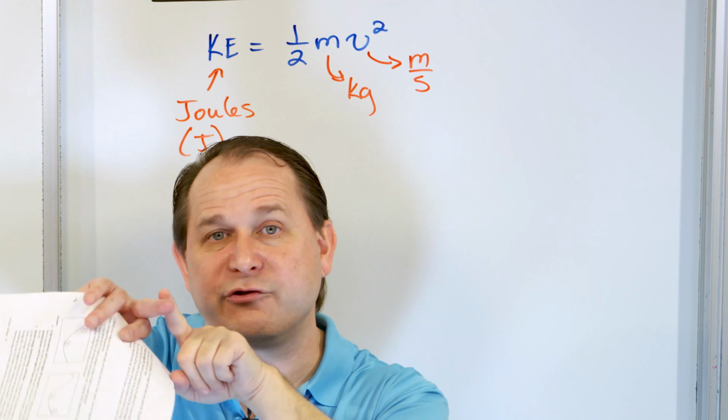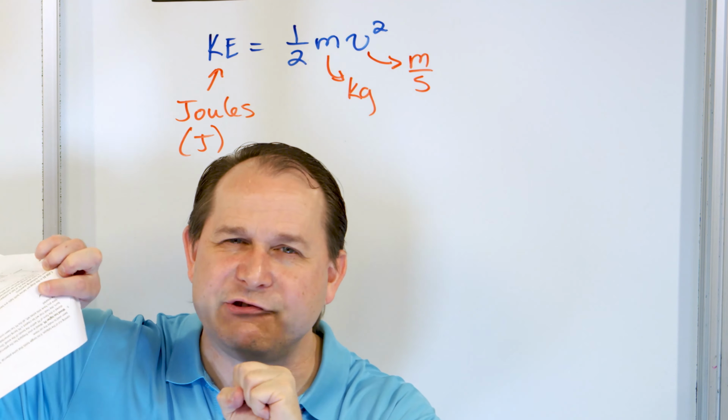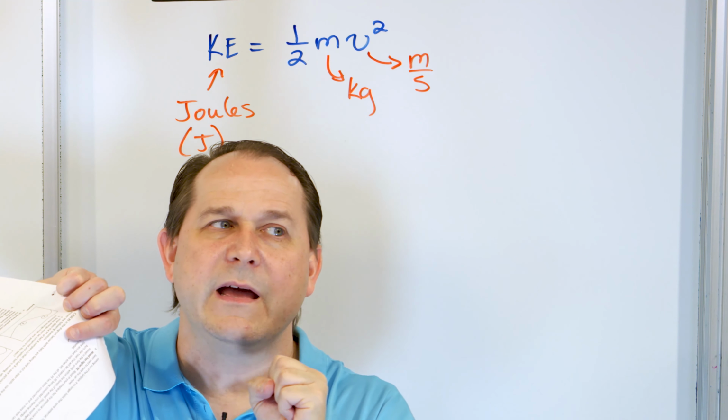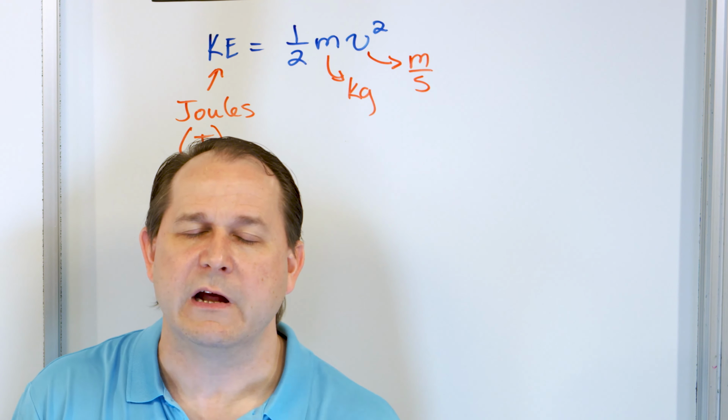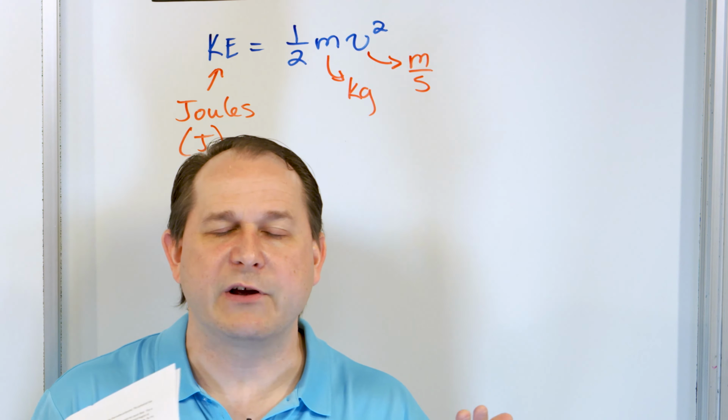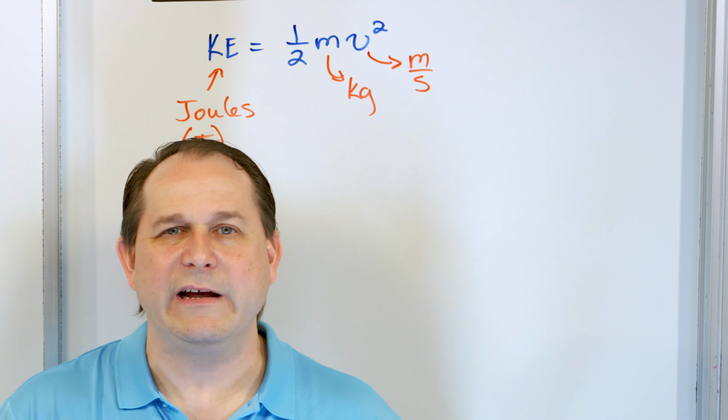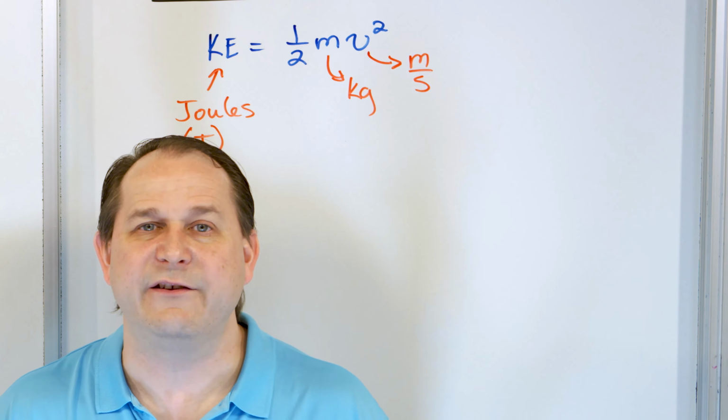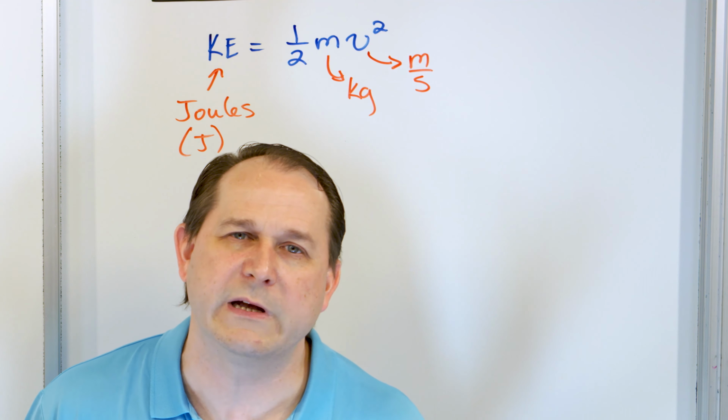Because all of the potential energy that was in that tension and the pulling that was there would be converted into the energy of motion. That's why we say we have a law of conservation of energy. Energy is really not created or destroyed, it's just changed from one form to another.